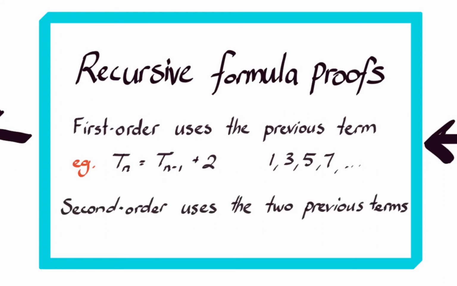Second order uses the two previous terms. A famous example that you might be aware of is the Fibonacci sequence. So let's say we start with term 1 being 1 and term 2 being 1. And then from this point forward, we say that any nth term is given as the sum of the previous term with the term before that again.